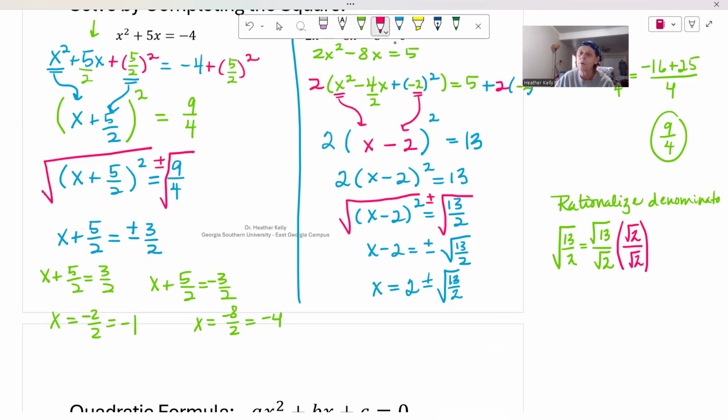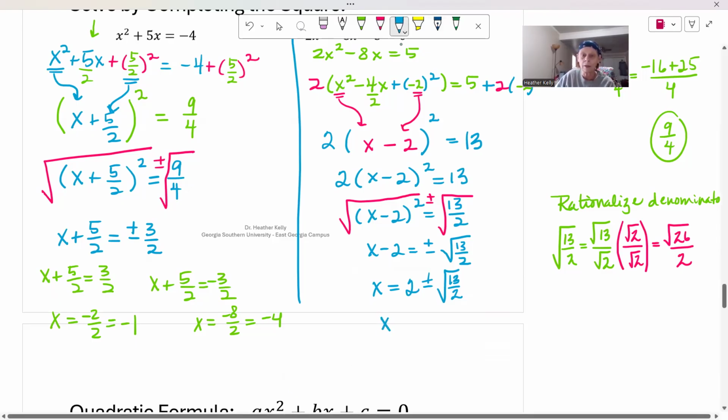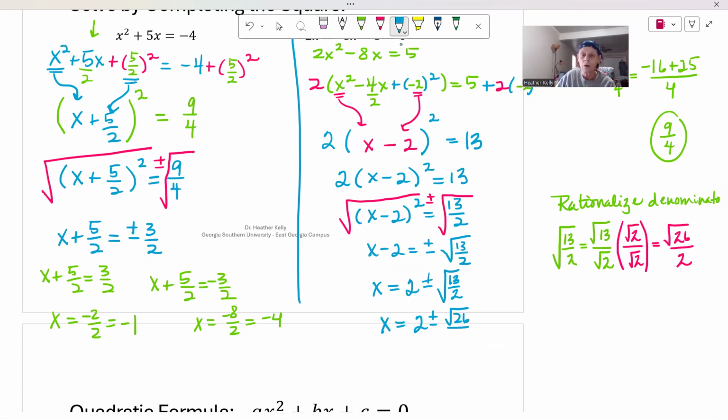So we multiply top and bottom by the square root of 2, and that gives us the square root of 26 over the square root of 2 times the square root of 2, which is just 2, and this is now rationalized. So we wind up with x equal to 2 plus or minus the square root of 26 over 2.